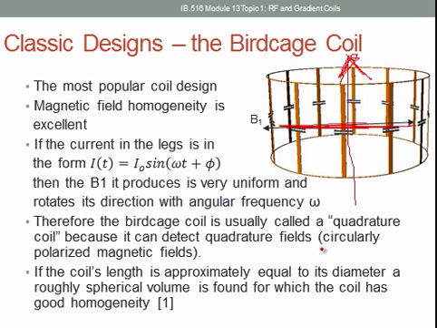If your RF coil can detect circularly polarized magnetic fields, which the MRI signal is, then you will have an inherent gain in SNR compared to a coil that cannot detect those kinds of fields. Theoretically, the inherent gain is root 2, or about 41%.